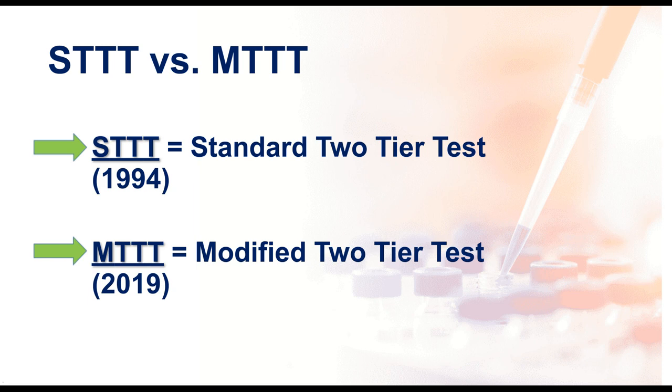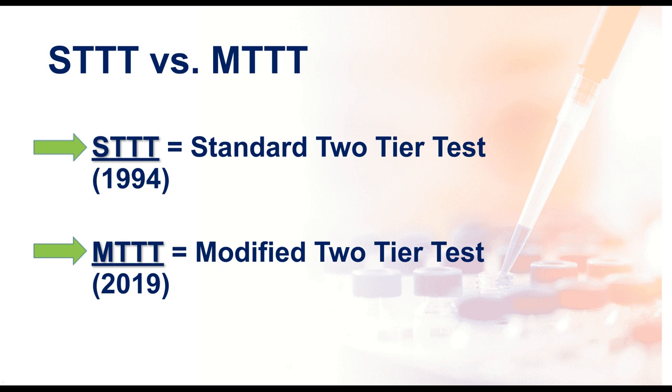Historically, the FDA and researchers and clinicians have struggled with interpreting Western blots, especially IgM Western blots. And there's been almost a decade's worth of research to see what we can do to improve Lyme disease testing. And it led to an important announcement about a year and a half ago by the CDC endorsing MTTT, the modified two-tier test.